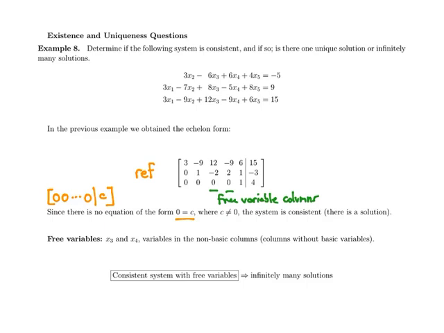So a quick handy thing to remember is if you have a consistent system with free variables, there are infinitely many solutions. In order to find those solutions, or find a parametric description of the solutions, you need to put this into reduced row echelon form. But we can just see that there are infinitely many solutions right now.